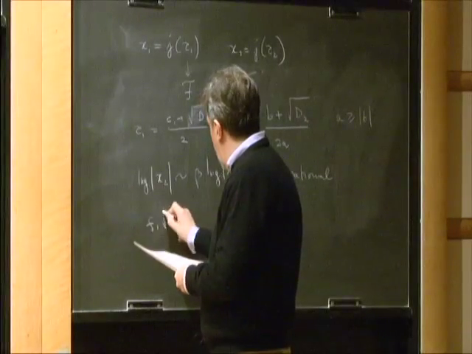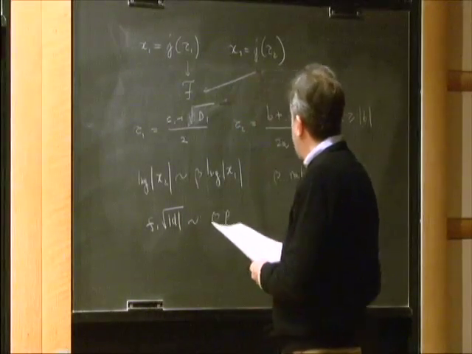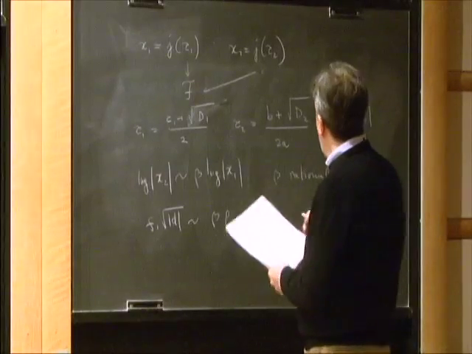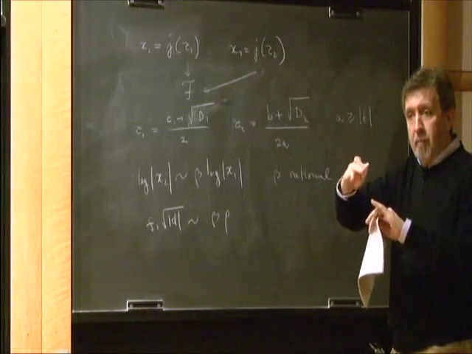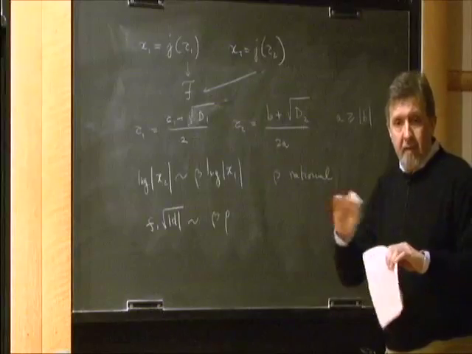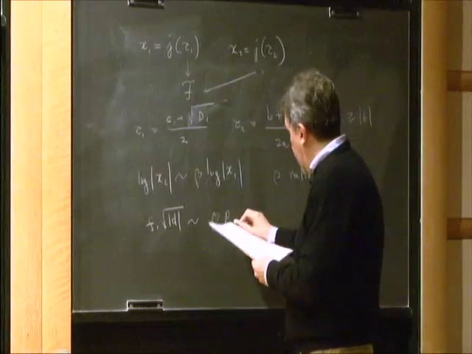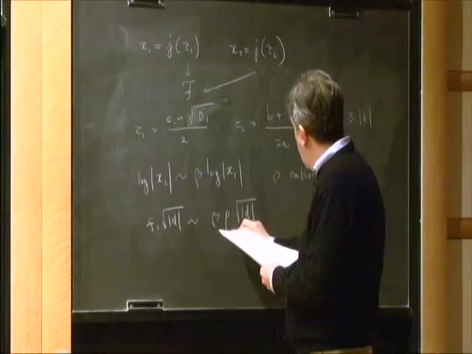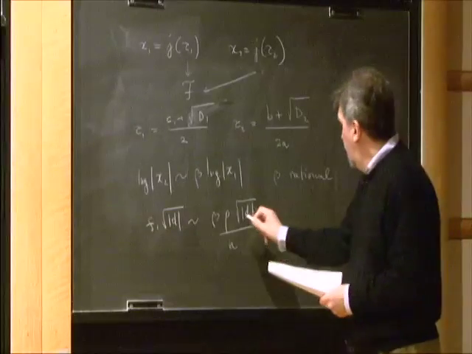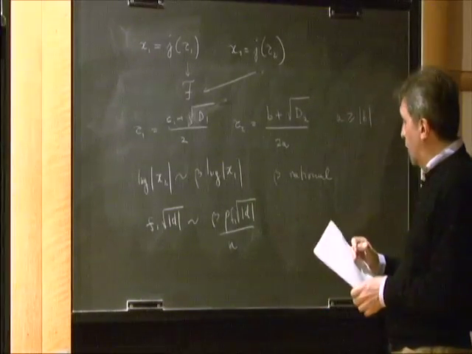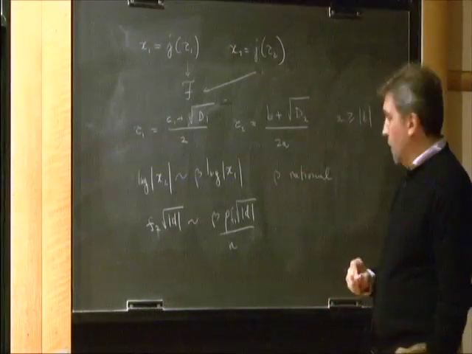we have f1 square root of small d asymptotic to beta times rho. I recall from the beginning that the quotient of the conductors belongs to a finite set, so we may suppose, on going through a subsequence, that it is fixed, and it is this rho times the square root of d over A. No, sorry.